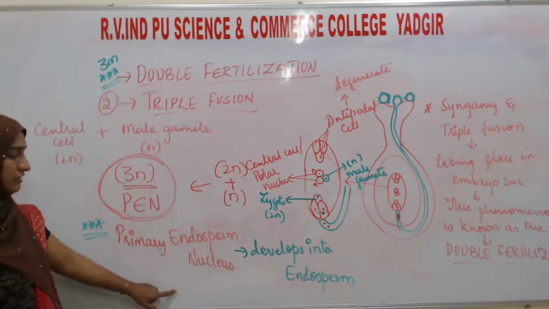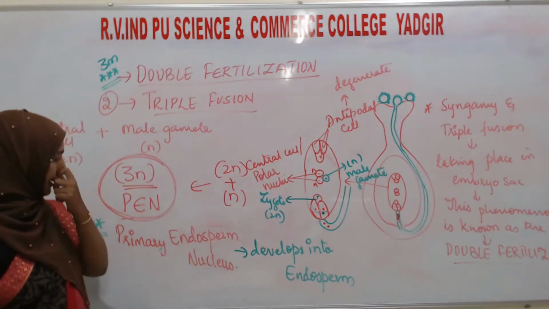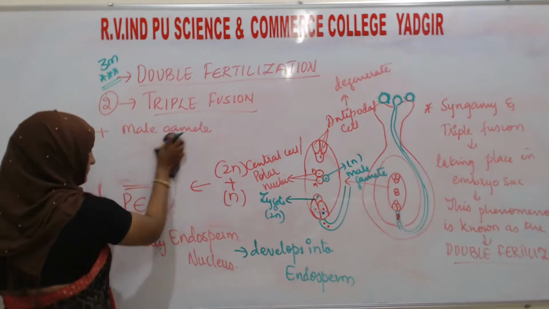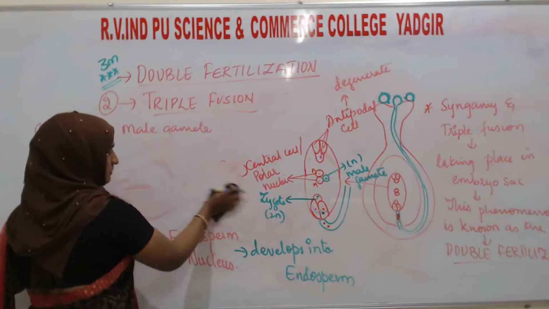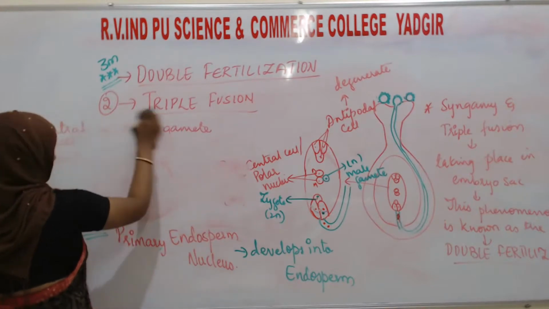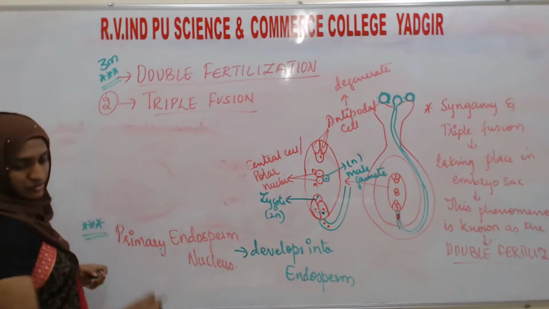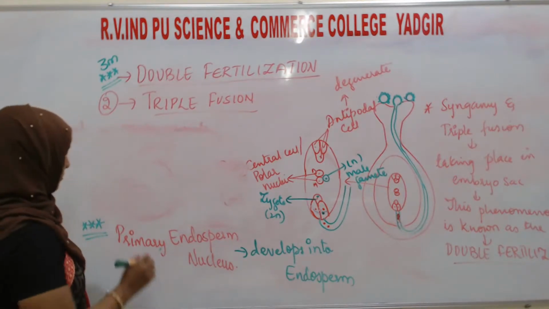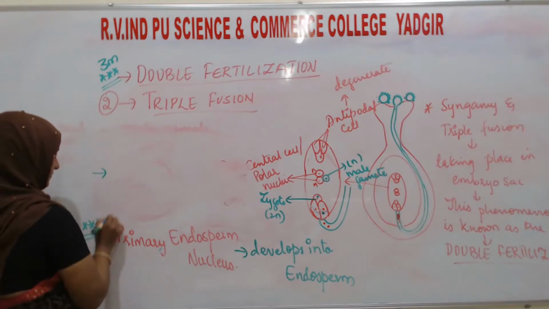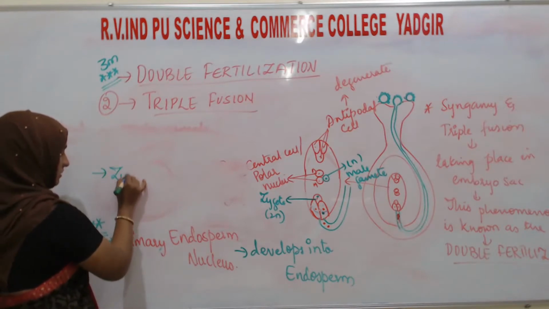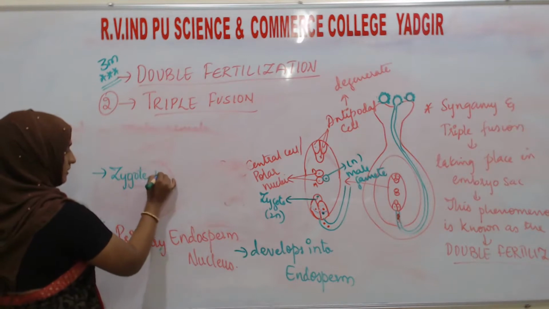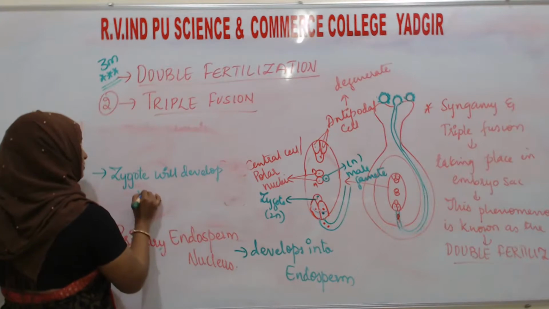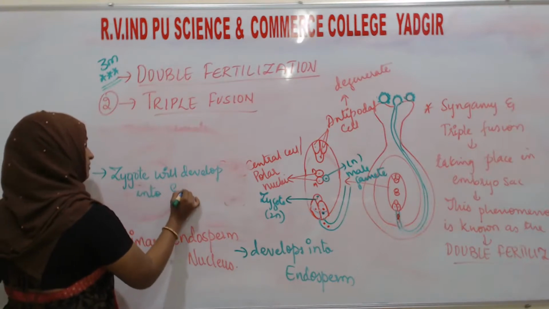The primary endosperm nucleus develops into the endosperm, and the zygote will develop into embryo.